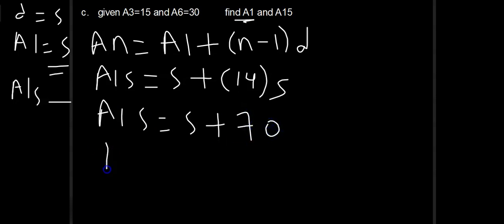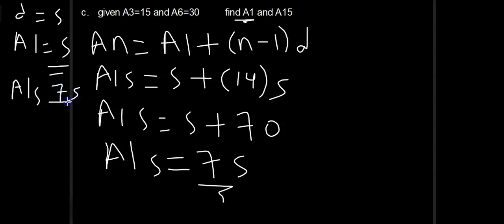And then A15 will equal 70 plus 5. 70 plus 5 will be what? It will be 75. So then your last answer will be 75. And then you're done. So let me write this 75. And then we're done. This is all you have to do.